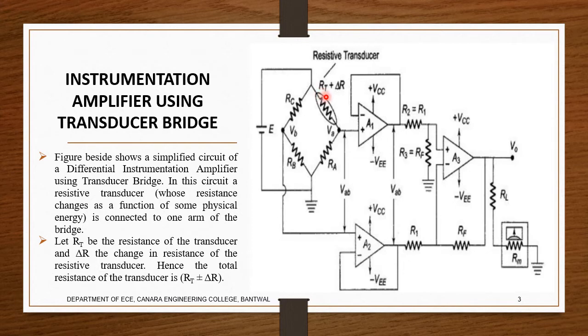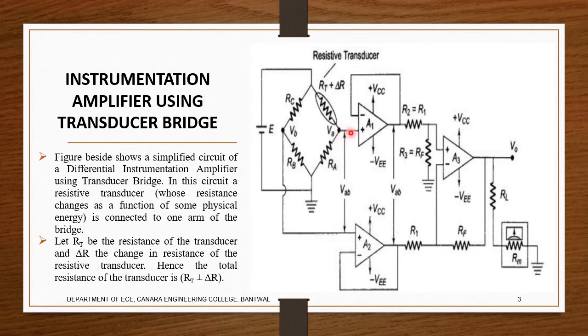This is RT when you don't have any change, whether the input is pressure, heat, or anything else. But when there is a change in the resistance in this bridge, it is denoted by RT plus delta R. At present, when this arm is RT, this is RC, this is RB, and this is RA, we say it is the balanced bridge.